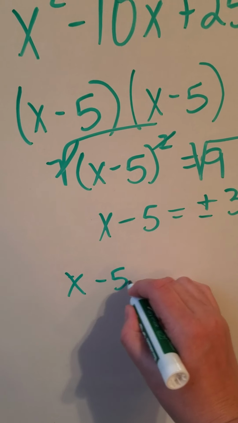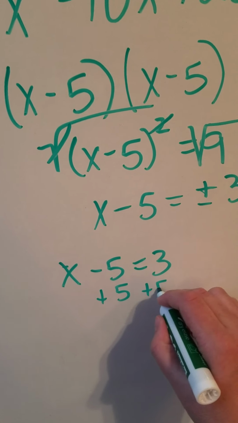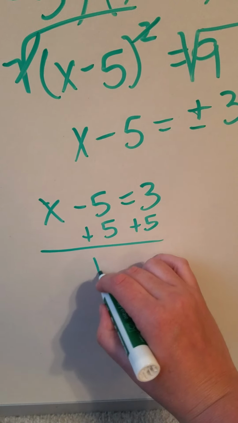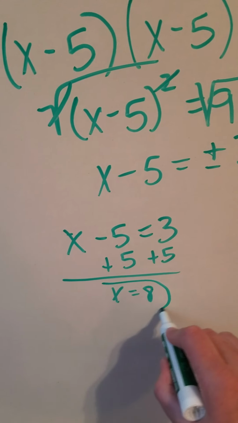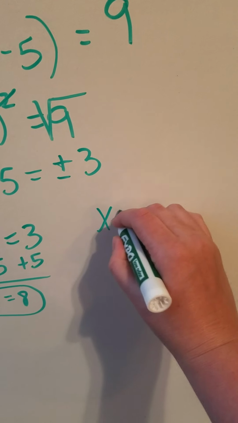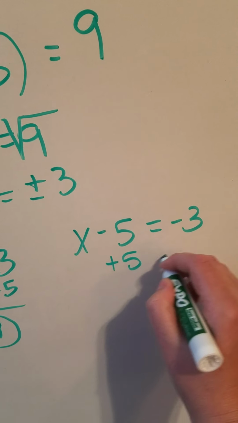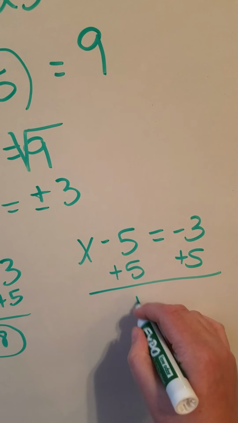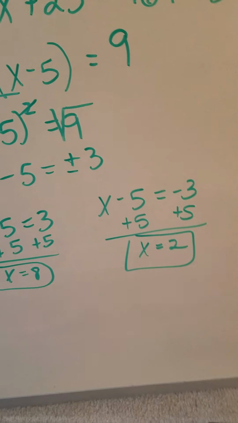X minus 5 equals +3. Add 5 to both sides, and I get x equals 8 as my first answer. Then for my second answer, x minus 5 equals negative 3. Add 5, I get x equals 2 as my other answer.